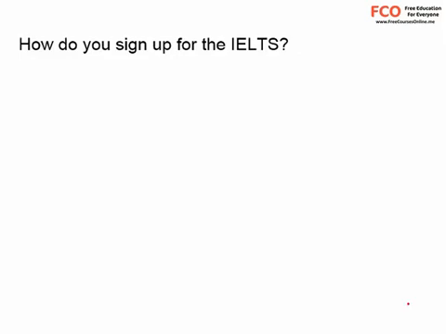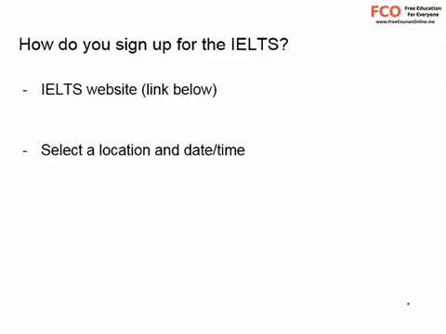How do you sign up for the IELTS? Well, again, I've provided a link below for you to follow in order to sign up for your test. You need to select a location and the date and time that you will take the exam. So that's something you need to decide ahead of time. And then you fill out a simple application and you need to pay the fee.